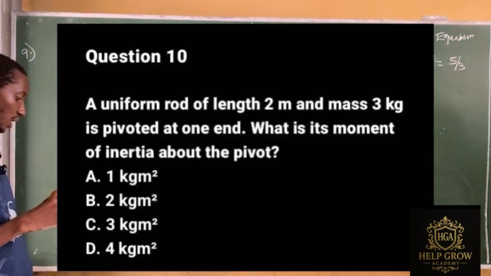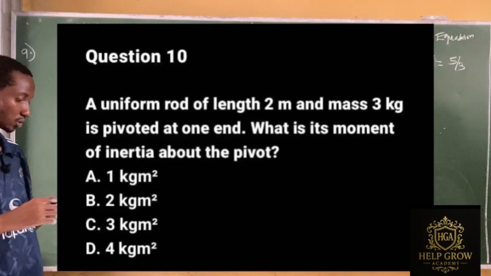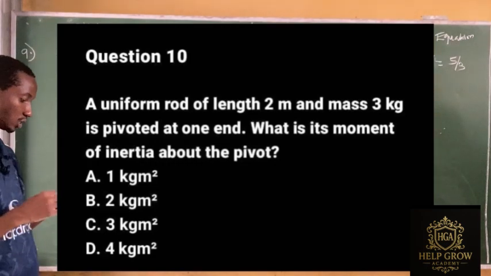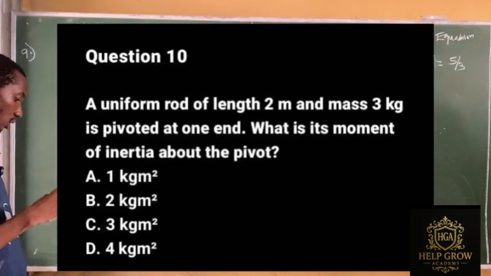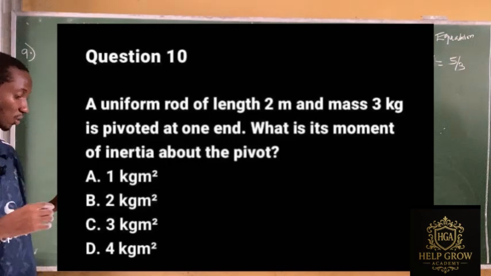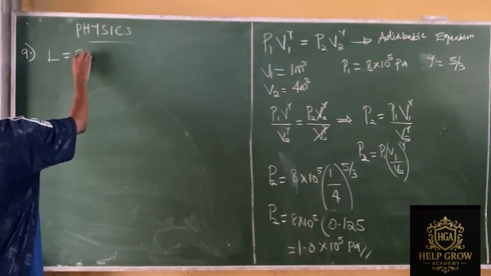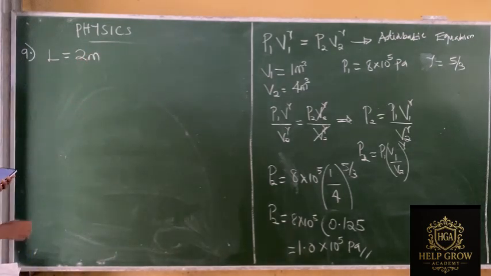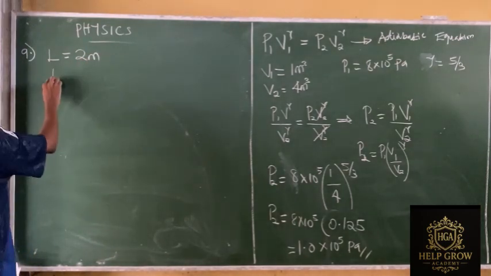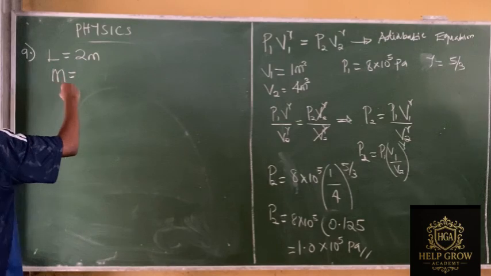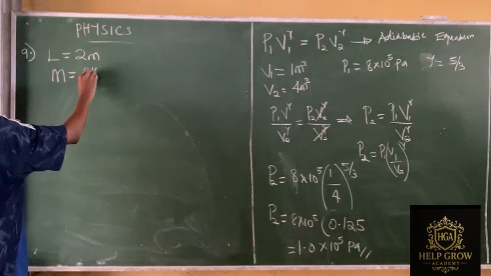B, 2 kg meter square, C, 3 kg meter square, and D, 4 kg meter square. Don't forget, from the question they gave us length. Length is equal to 2 meters, and they gave us mass. Mass is equal to 3 kg.